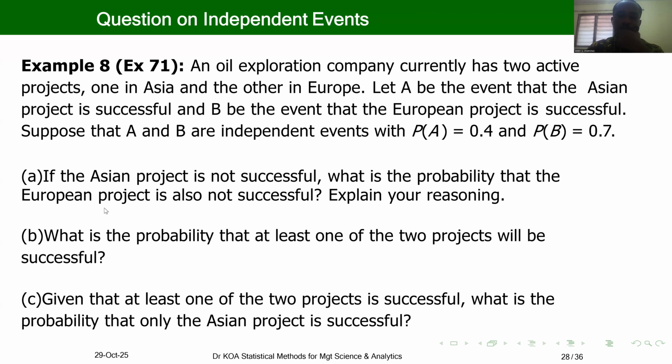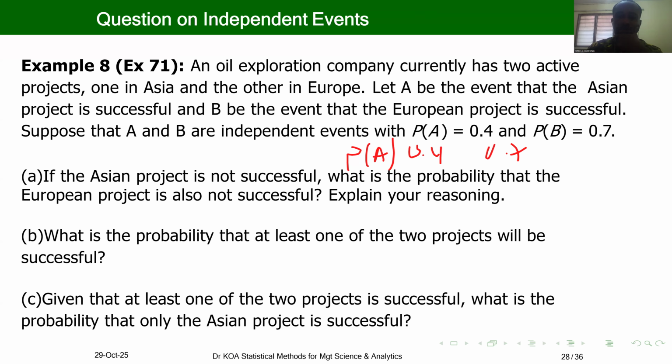First of all, the probability of A union B is calculated as probability of A plus probability of B minus the probability of A intersection B, which happens to be the probability of A times the probability of B. Do you remember? So what is the probability of A here? 0.4. It was given as 0.4. What's the probability of B? 0.7.